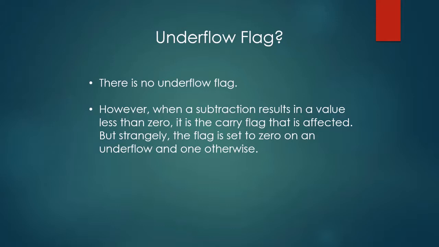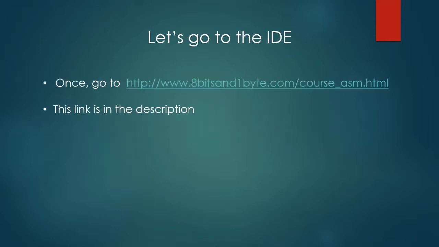When a subtraction results in a value less than 0, it sets the carry flag to communicate that result. But oddly, the flag is set to 0 on an underflow and is set to 1 otherwise. So let's go to the IDE to see this.